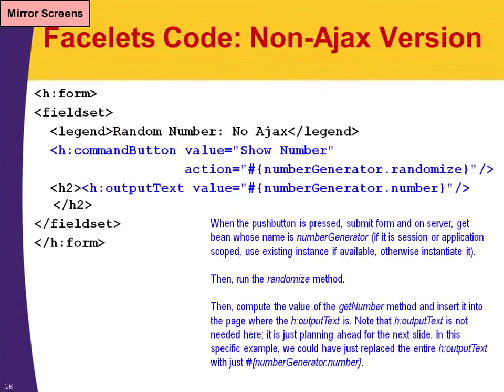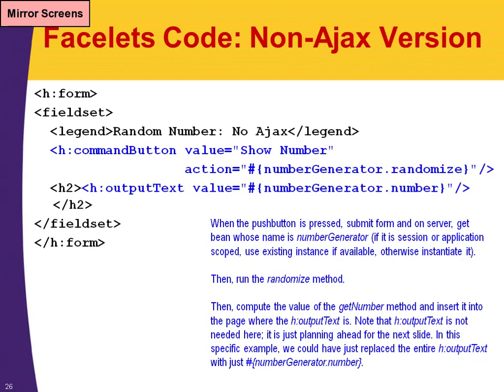Okay, so here's an example of a command button. It has an action which is going to execute on the server, and it's referencing a second call to the server in the output text. Okay, so basically this is the non-Ajax form of this.